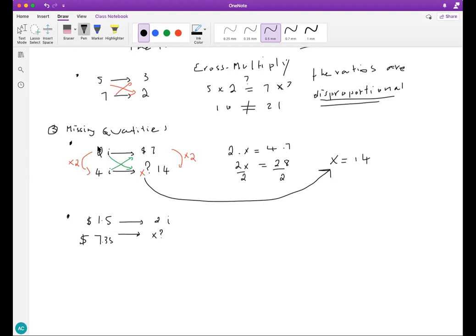Sometimes the numbers are kind of easy and convenient, and you can figure that out quickly. Sometimes with the decimals, it might not be as easy. But you can always use cross multiplication and solving equations. So you can say 1.5 times x, that's 1.5x, and then 7.35 times 2.